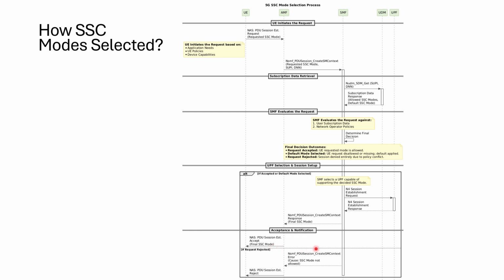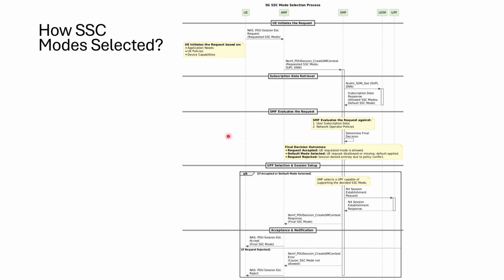If, for example, you asked for mode 3 but the SMF gave mode 1 or mode 2, then the UE must adapt its application behavior accordingly. After that, the PDU session is active and the anchor rules are set until the session is released or modified.